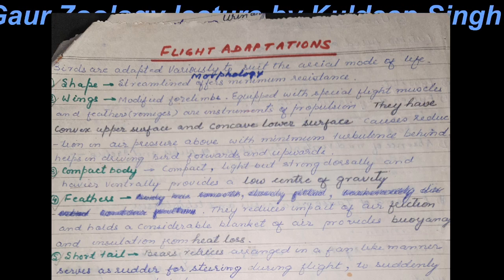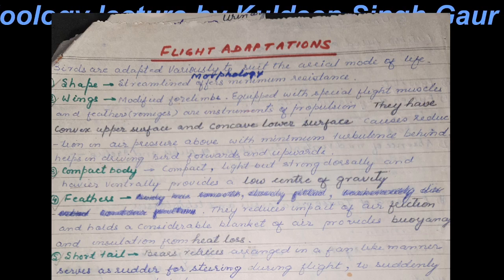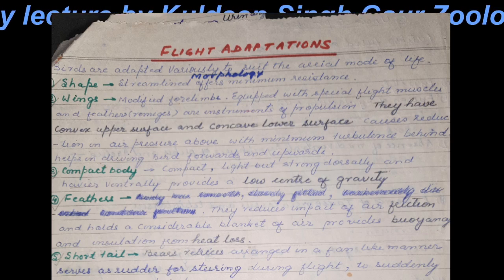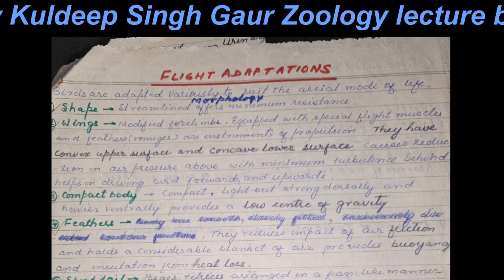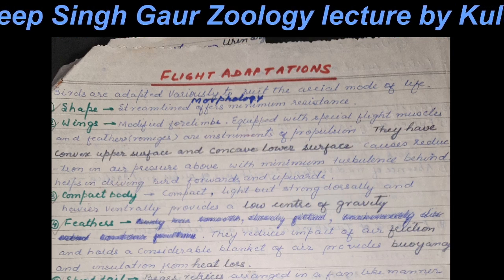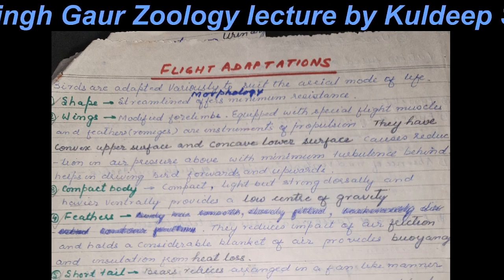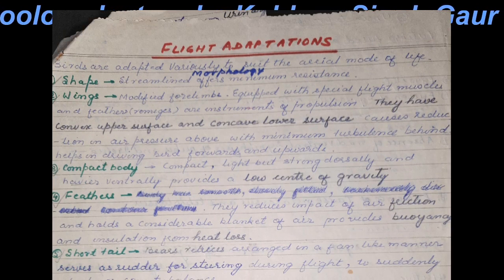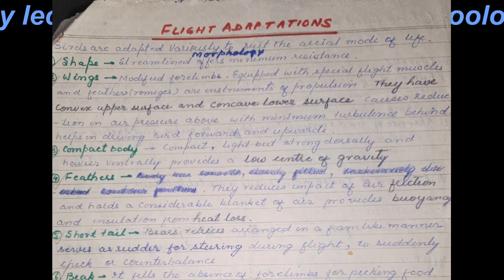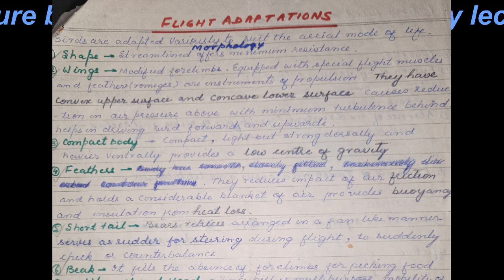The wings have an upper convex surface and a lower concave surface, which enabled them to lift upward and move forward. They have a very compact body, which provides them a low center of gravity, which is essential for flight-taking birds.